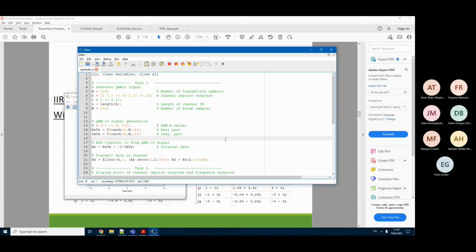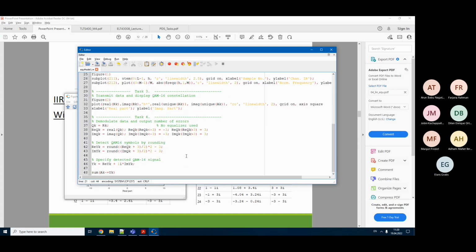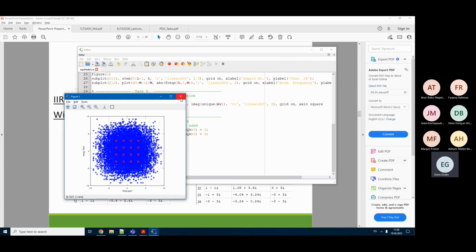Now, I understand. The number of these symbols is L minus 1. So we have to take this number of these symbols minus 1. So that is L minus 2 in total. Yes, so now everything is fine.